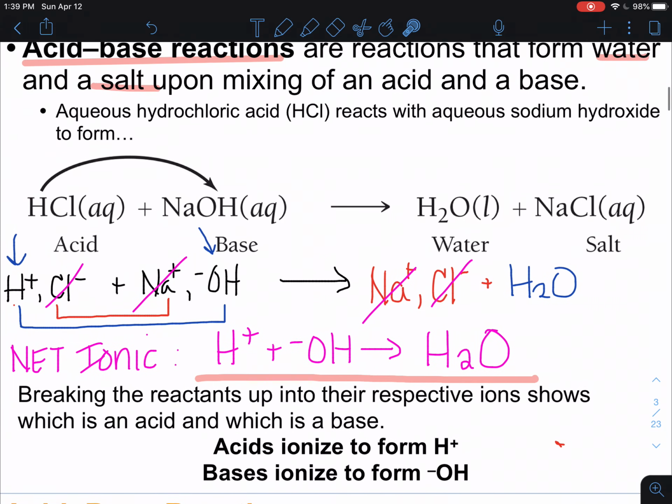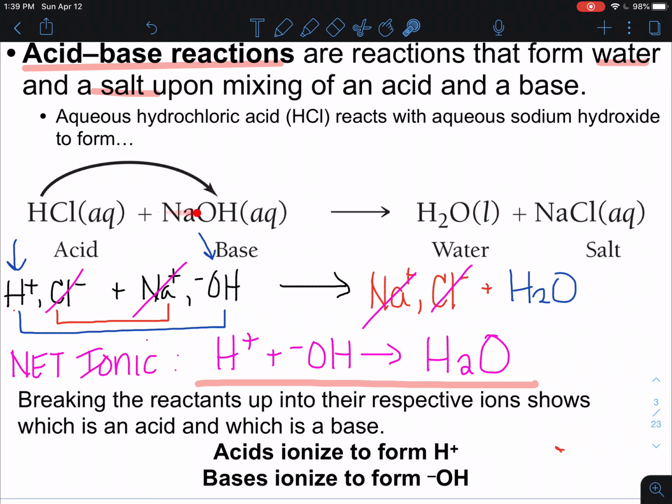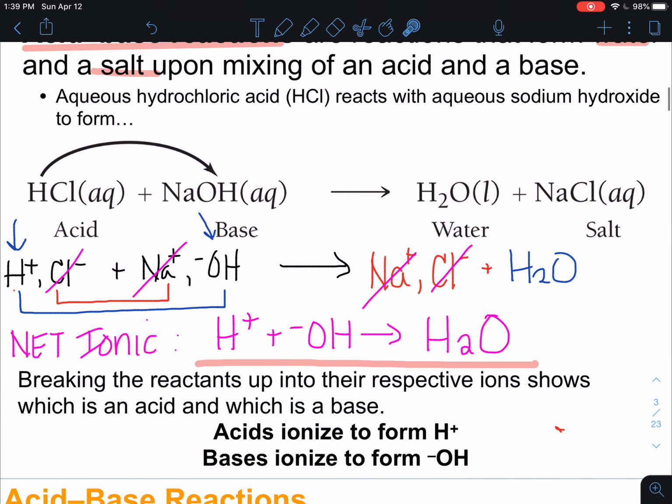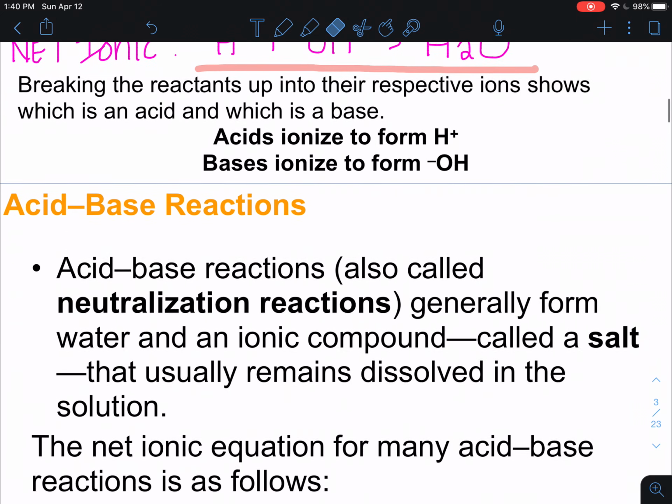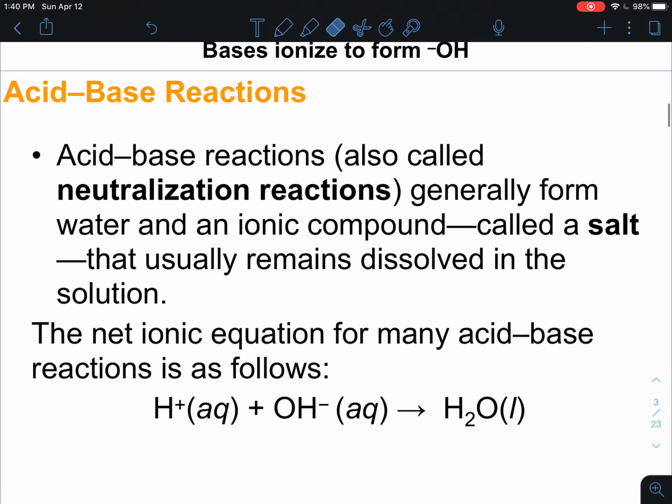It's really important for you to be able to break these guys up, because once you break up the reactants into their respective ions, it shows what's the acid and what's the base. Base is always ionized to form OH-, hydroxide ion, and acid's always ionized to form H+. This is the same thing that I just wrote right here.